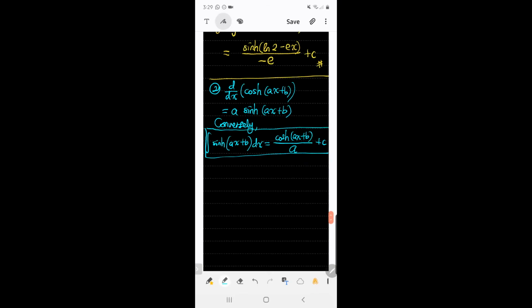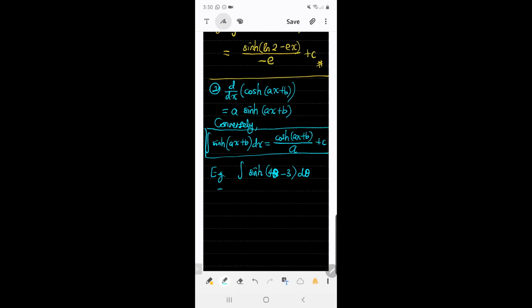So for example, let's say I ask you to integrate sine(4θ - 3). Let's say I don't give you x, I give you theta: integrate sine(4θ - 3) dθ with respect to θ.